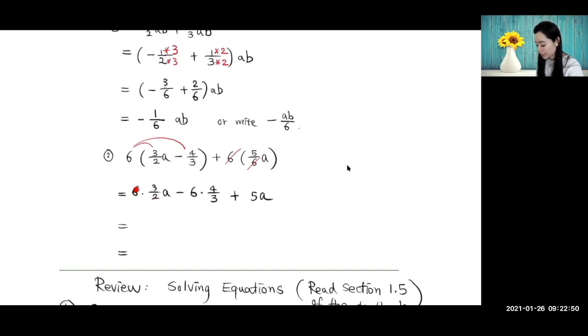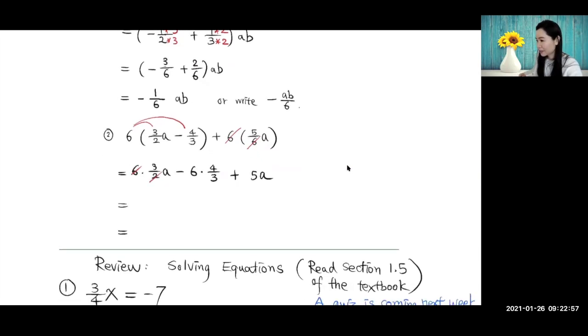Here, the 6 over 2 will be reduced, it becomes a 3. 6 over 3 is a 2. Now you multiply. So 3 times 3a is 9a, and 2 times 4 is 8, and then plus 5a.